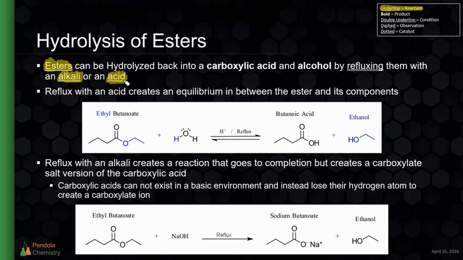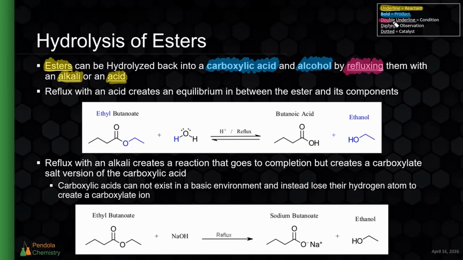Now these do have to be aqueous, as our alkalis, because water is needed to be here to be hydrolyzed. And when this happens, the products that we're going to get are going to be a carboxylic acid, kind of, and we'll get into in a second why, and an alcohol. Those are your products.